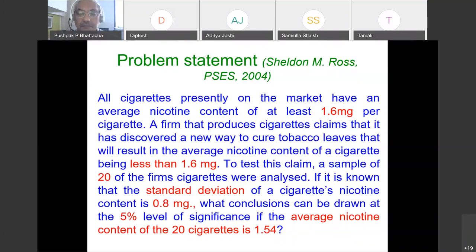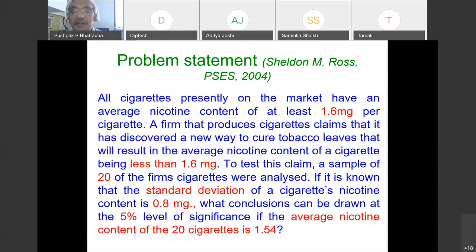Okay. So now in this case, the population is the whole set of cigarettes manufactured by the company. And the company says that it has improved upon the state-of-the-art performance. The state-of-the-art performance is that on an average, there is 1.6 milligram of nicotine per cigarette.